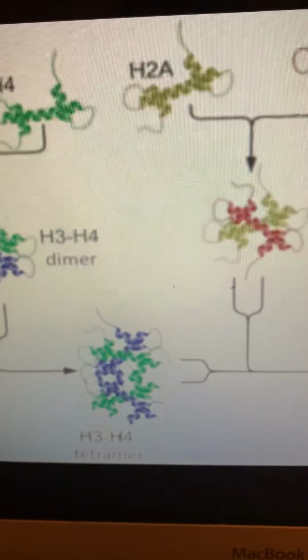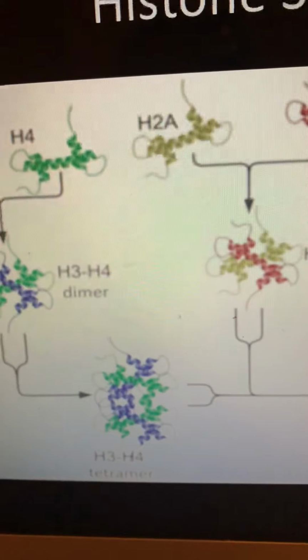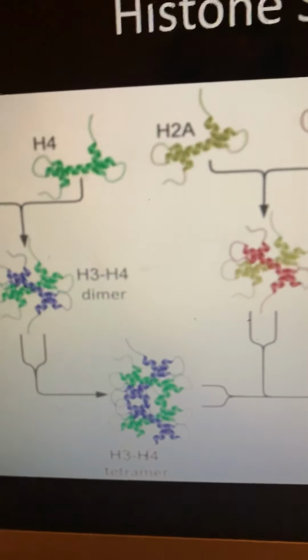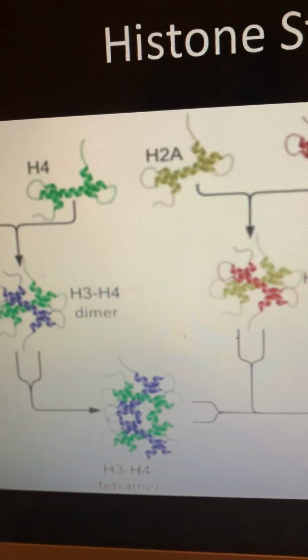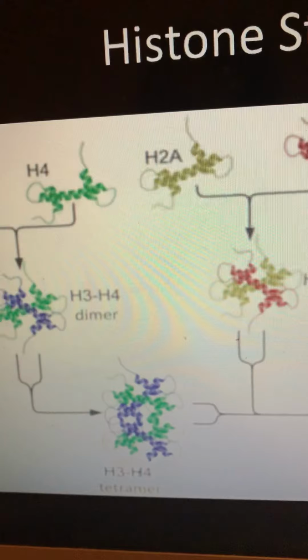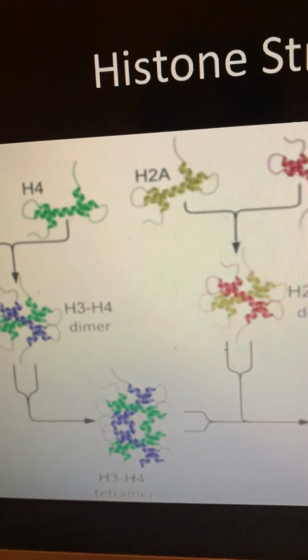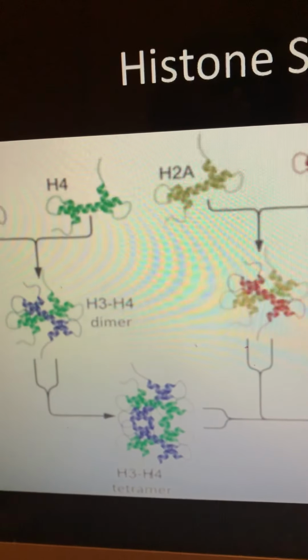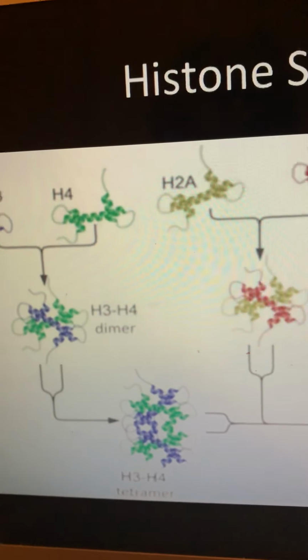So they make loops, and these loops are extremely significant, and they allow for the heterodimeric interactions between the core histones H3, H4, H2A, and H2B. And heterodimer formation of cores H3 and H4 further facilitates the formation of tetramers.